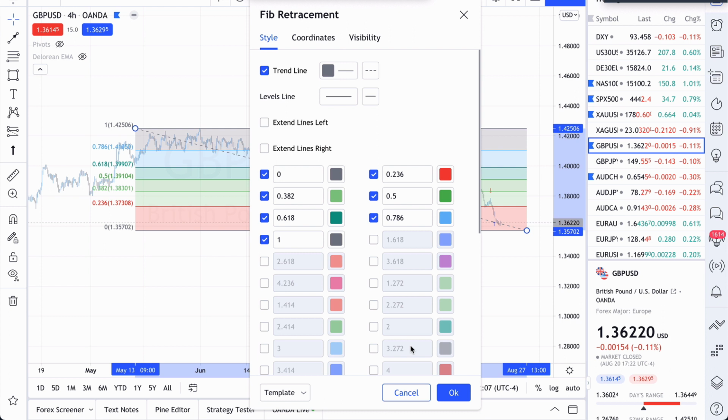And then I add quarters. So if you think about $1, you add quarters. So 1/4 of $1 is 25. So instead of 236, I'll do 0.25. It's about the same.